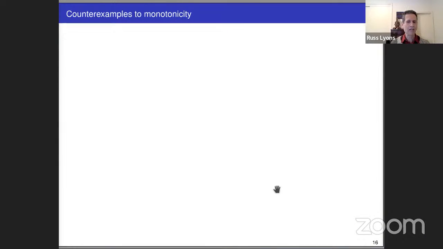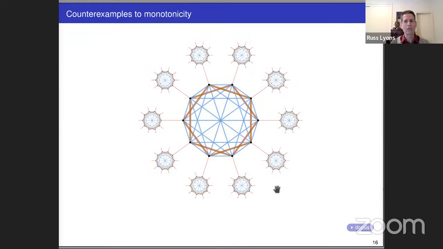In fact, it turns out that there are counterexamples to monotonicity as a general phenomenon. Here's a case which is very much like a tree, but instead of a vertex, for each vertex you have a 10-gon, in fact Z mod 10 with various generators with various rates, and they're connected by edges, so it's a free product of Z mod 2s with others.